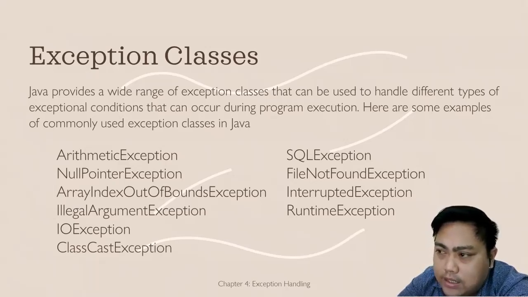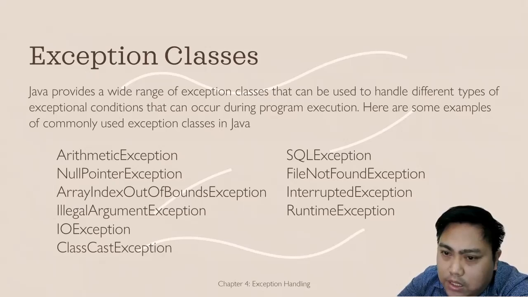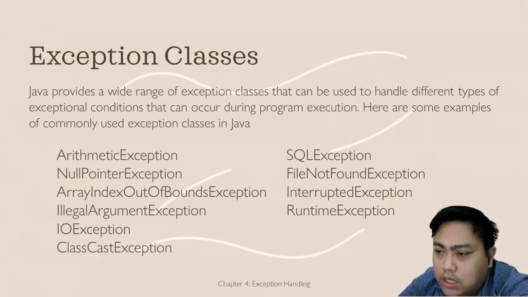First is ArithmeticException. The ArithmeticException is thrown when an arithmetic operation results in an error, such as division by 0. Second is NullPointerException. This exception can be thrown when a null reference is used in a way that requires a non-null reference.